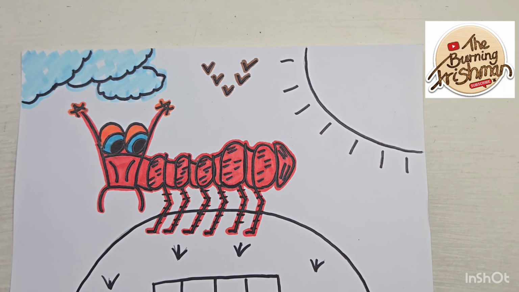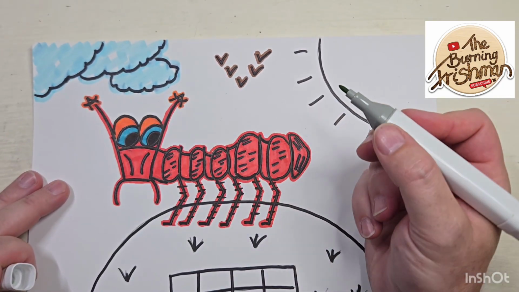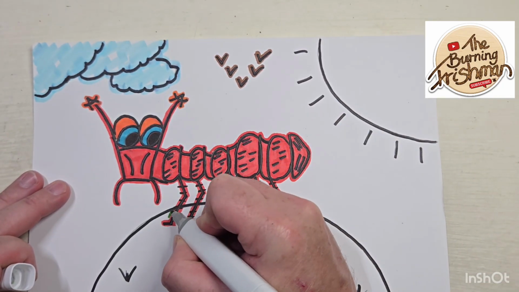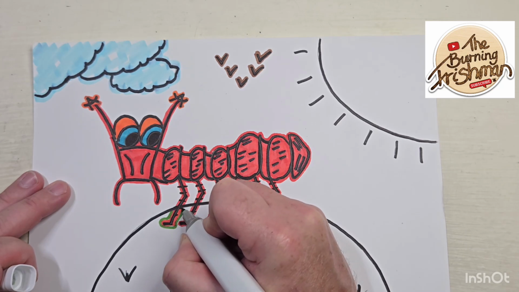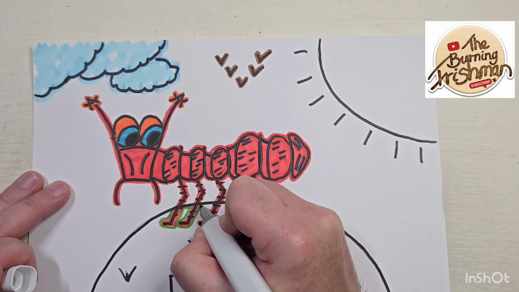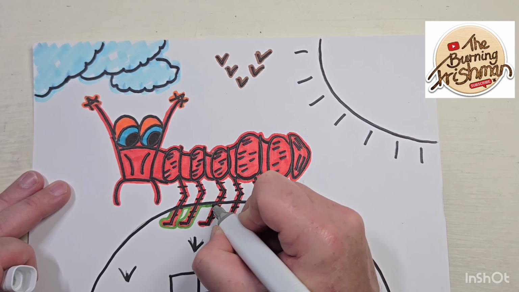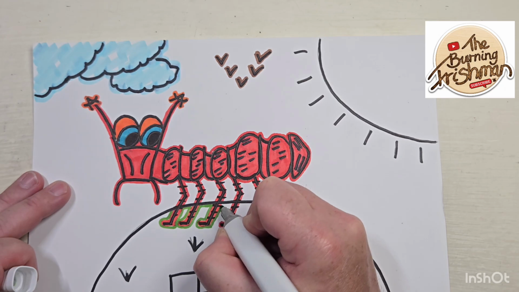And then I'm going to come with a different color green. I'm just going to highlight all around his feet, the grassy hill or knoll that he's on.